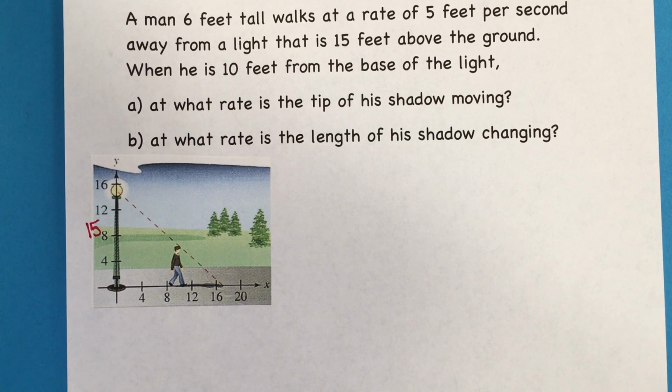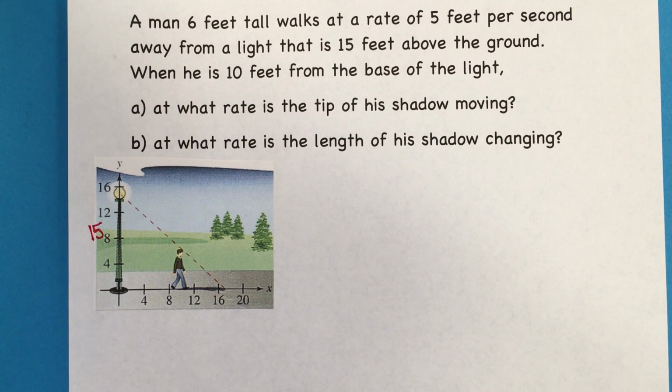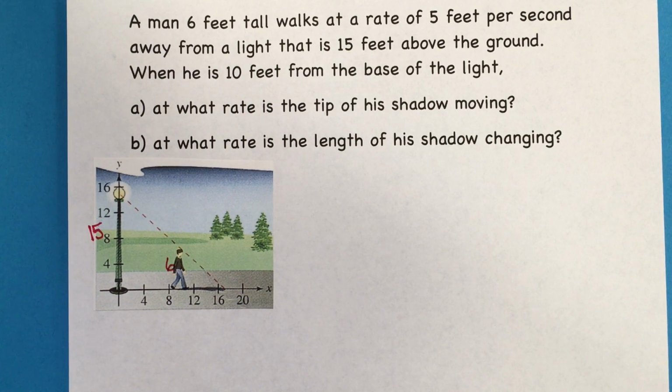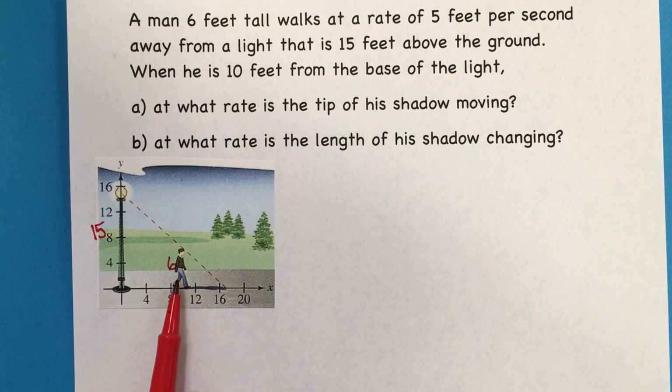That's one of those numbers that's not going to be changing, so when we set up our equation, we can substitute that value in before we do the differentiation. We also know that the man is 6 feet tall, and that's another number that's not going to be changing. So those two won't change as he walks away from this lot.